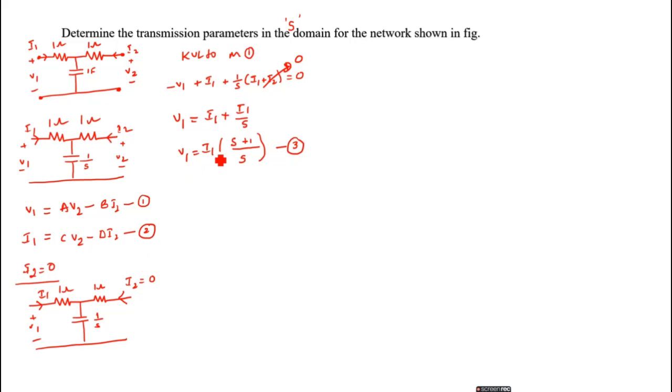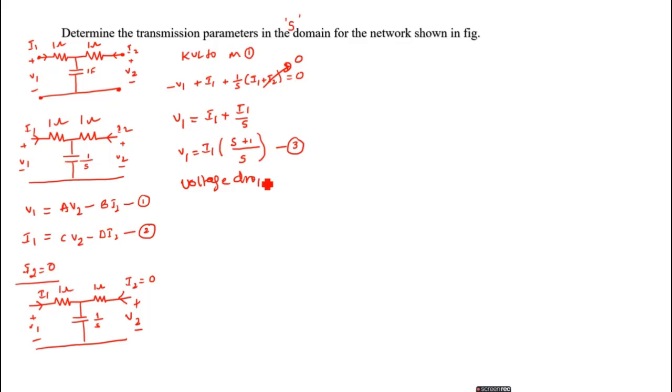But this is the relationship between I1 and V1, so that we don't have that option here. For that, from equation number 3, we get nothing. So, one more equation is needed. Calculate voltage drop across this capacitor. Voltage drop across this capacitor itself is V2, because voltage across this 1 ohm resistor is 0, because 0 current is flowing through it.